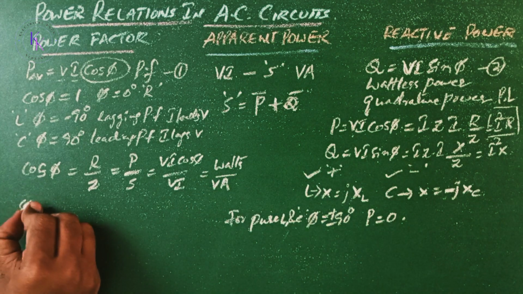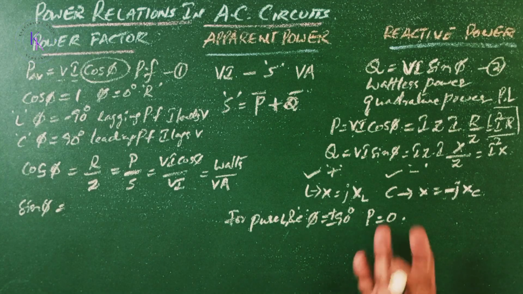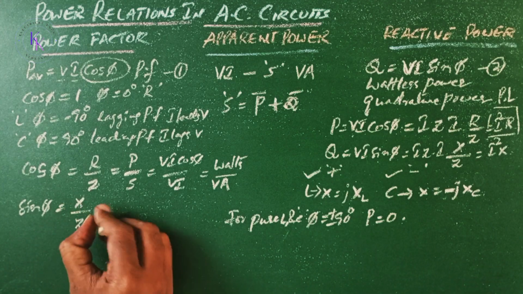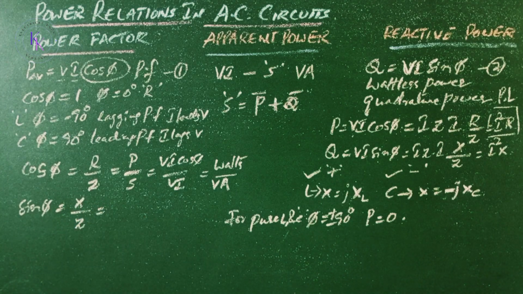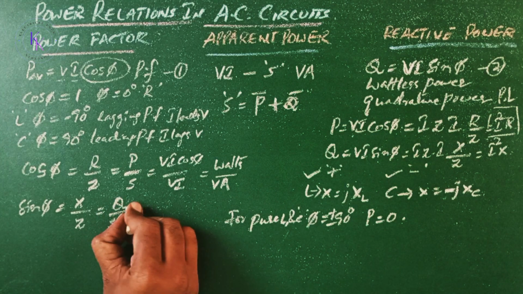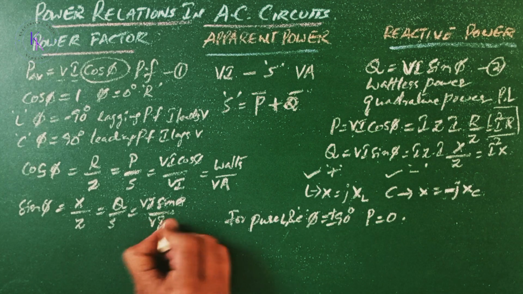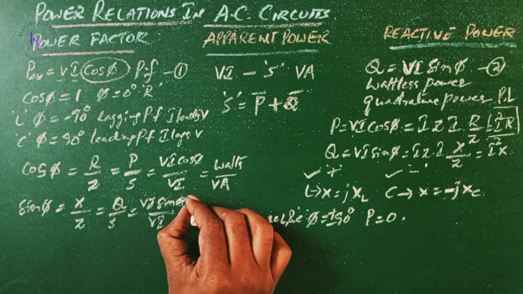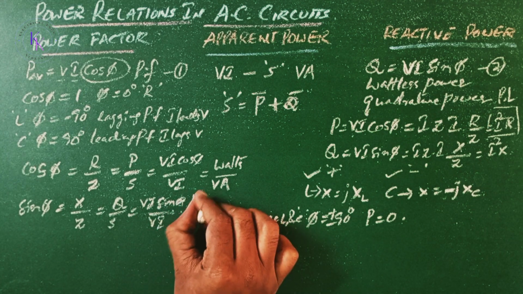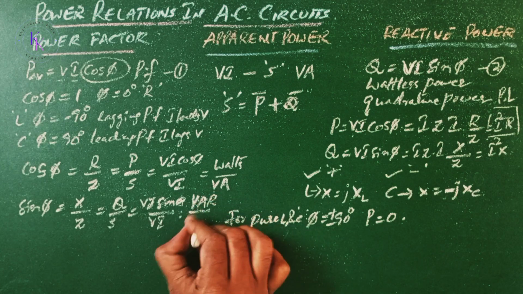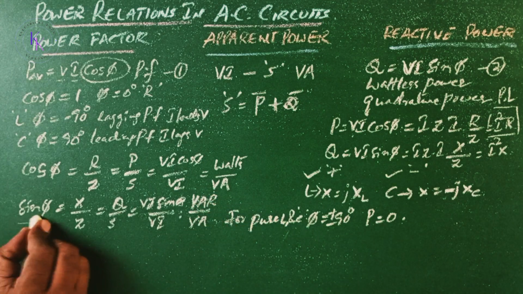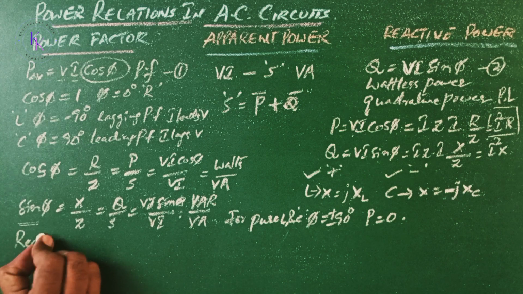Now the sine of the angle between V and I is given by the reactance divided by the impedance, which equals Q by S, that equals VI sin phi by VI. This is reactive volt-amps divided by volt-amps, and this is known as the reactive factor.